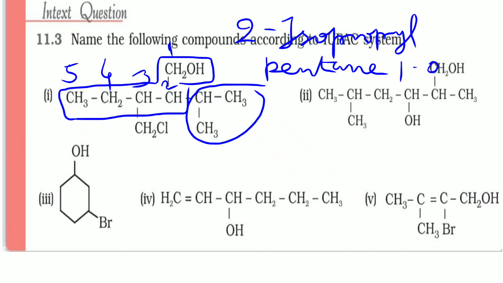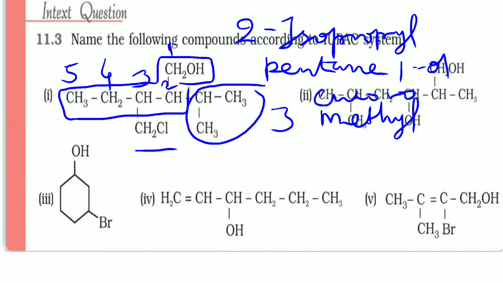1-ol. And what is left? At 3 position chloromethyl is available. So we can write 3-chloromethyl. So what will be the name?